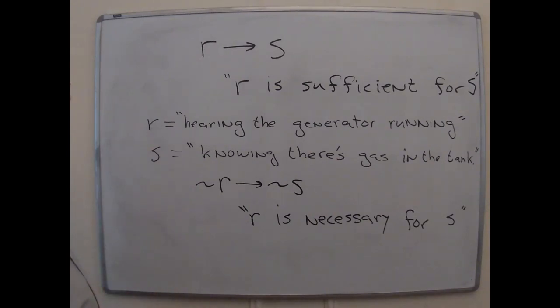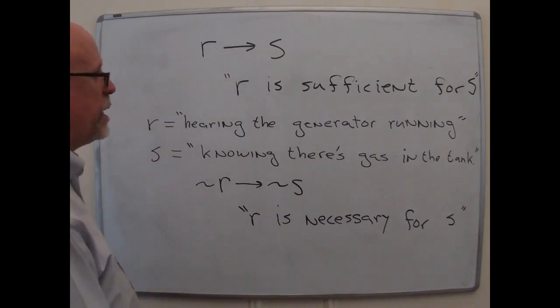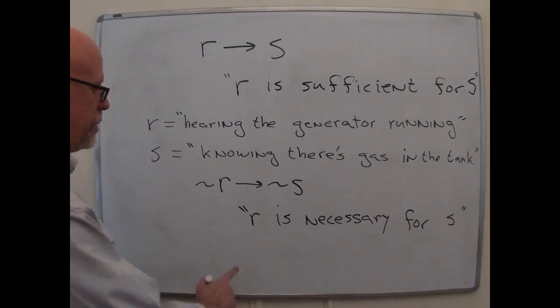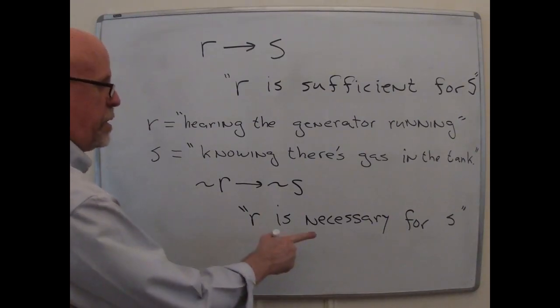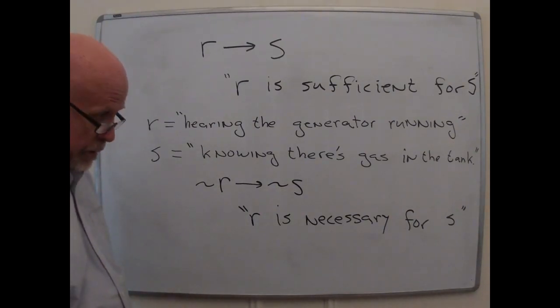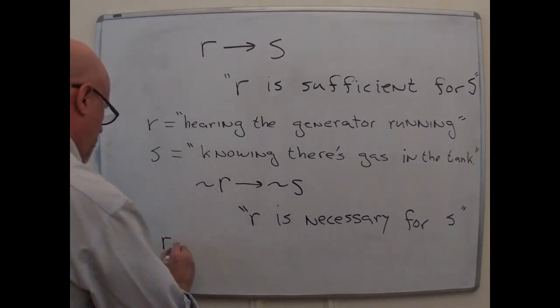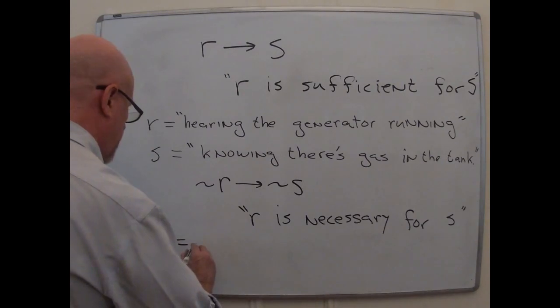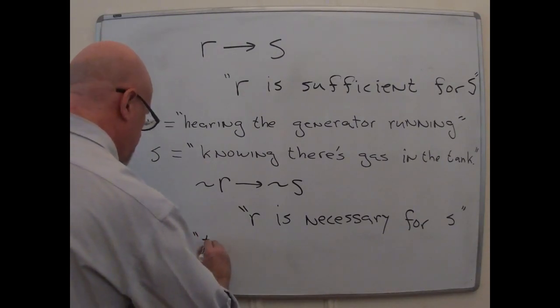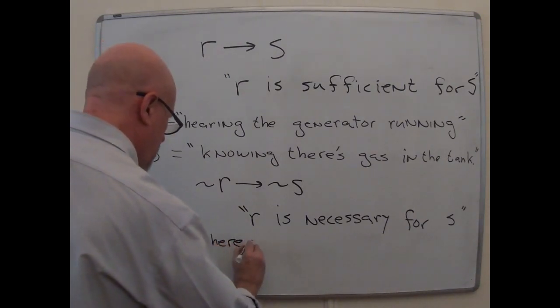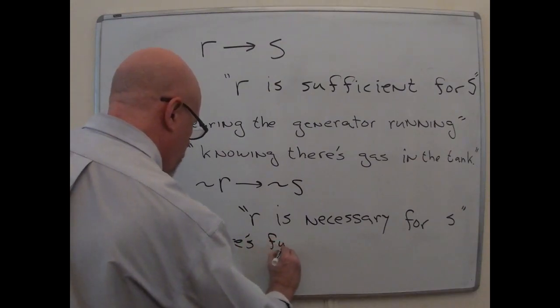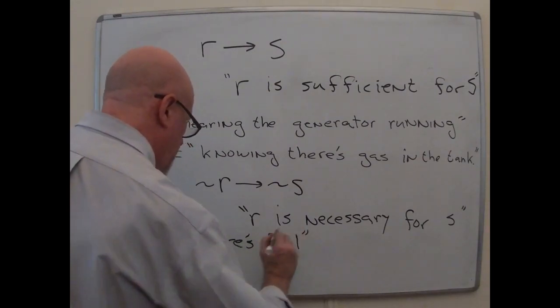So in the example from the generator and the gas, what's necessary for the engine to be running? Well, fuel in the tank is necessary. It's not sufficient. So if I do this correctly, then R could be fuel in the tank. I hope you'll be okay with me just saying there's fuel.